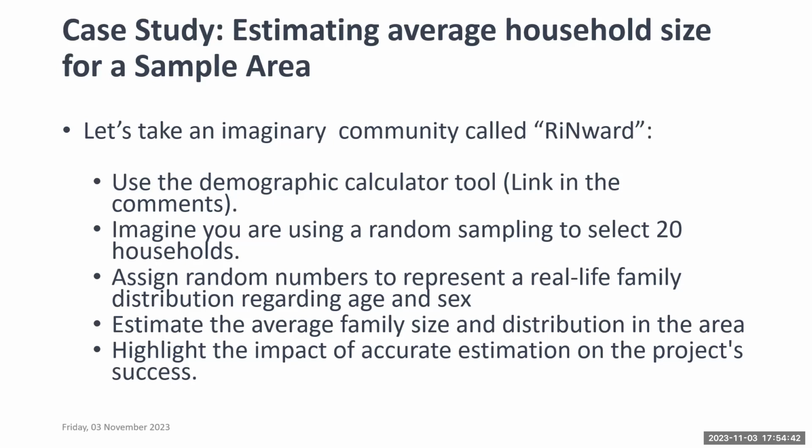So imagine you are using a random sampling of 20 families. I want you to assign random numbers on the basis of any real-life families that you know around, just assigning numbers in terms of their distribution between ages and sex, on the basis of the numbers of a real-life family that you know, just to get a sense of how this segregation is done, so that you can imagine it and understand it.